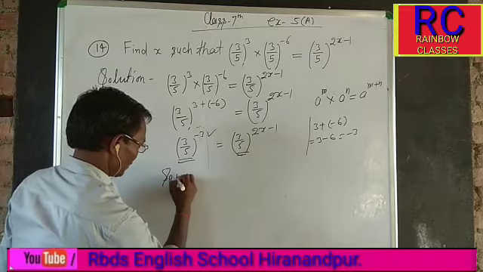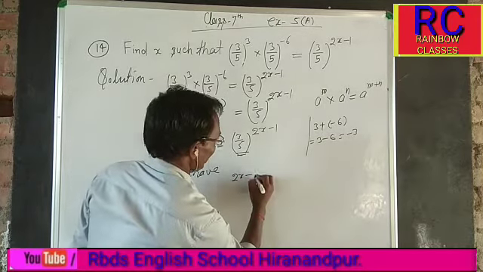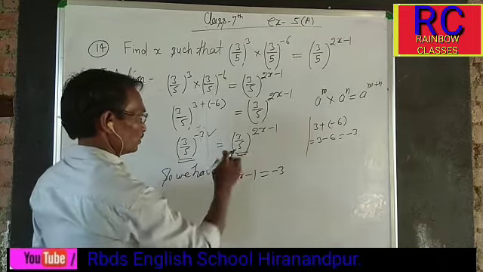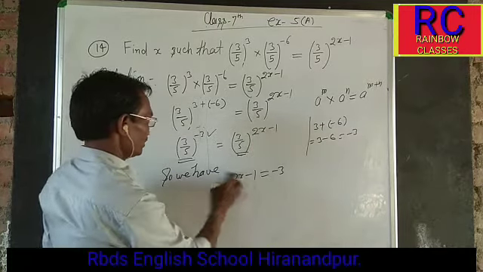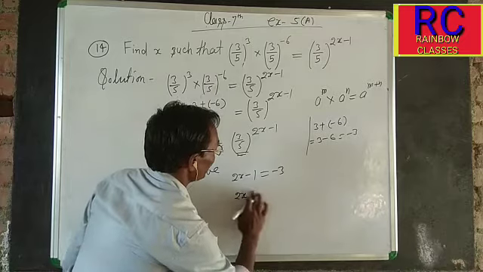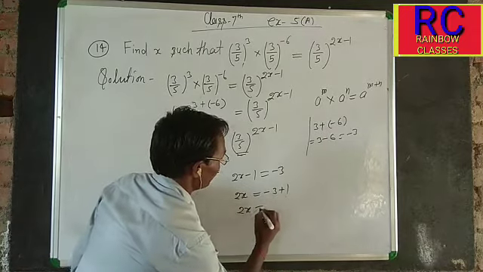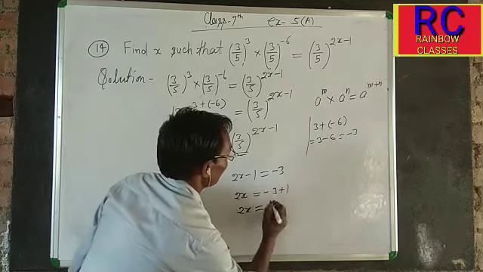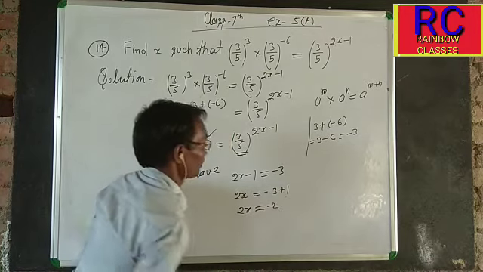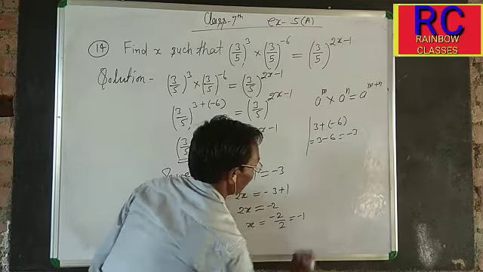So 2x minus 1 is equal to minus 3. Bases are equal, so their powers are equal. 2x is equal to minus 3 plus 1, transferring the minus 1 to the right side. 2x is equal to the difference 3 minus 1, which is 2, with negative sign, minus 2. x is equal to minus 2 by 2, or minus 1.